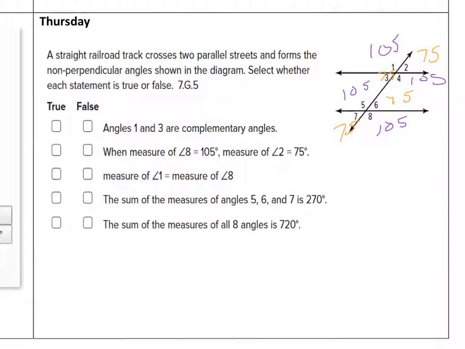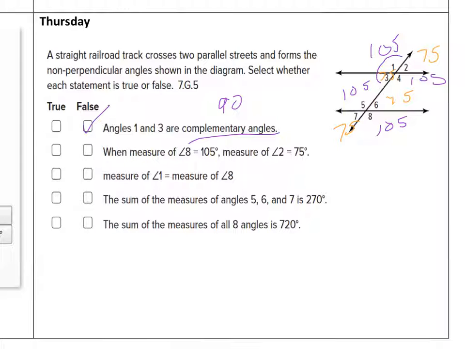So when we're looking at question 1, angle 1 and angle 3 are complementary of each other. That is a false statement, and we know it's false because complementary means the two angles have to add to be 90 degrees. So if you look at it, then I know that angle 1 and angle 3, we have an obtuse and an acute angle, and that actually creates a supplementary angle.